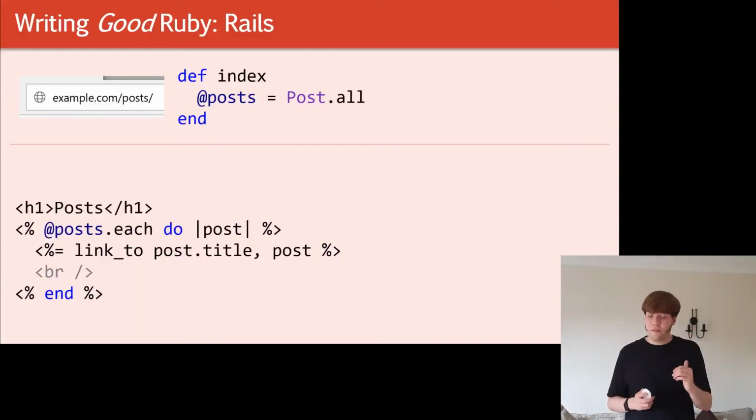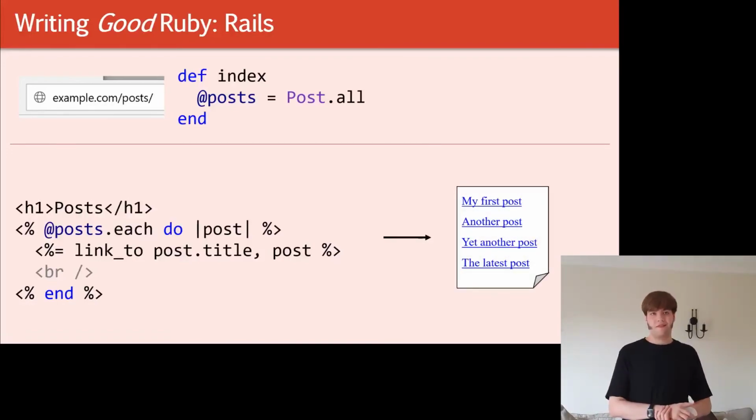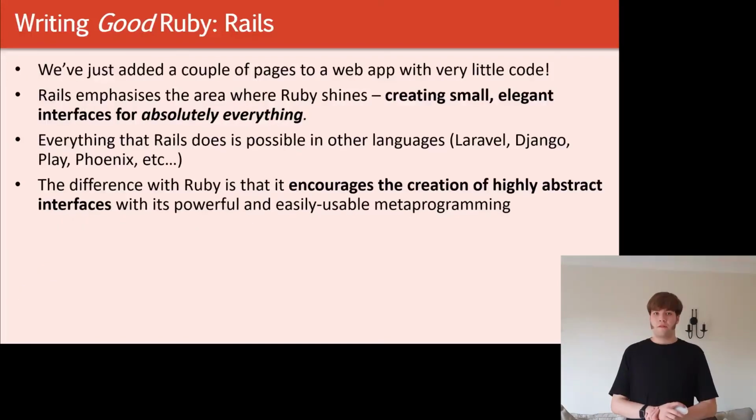This template automatically has access to the instance variables set in our controller, so it can use the posts that we retrieved from the database by the controller's index method. Rails even gives us a link_to method where it can refer to the routing table to generate a link to the page for a database object like a post. Here's what the route rendered might look like.